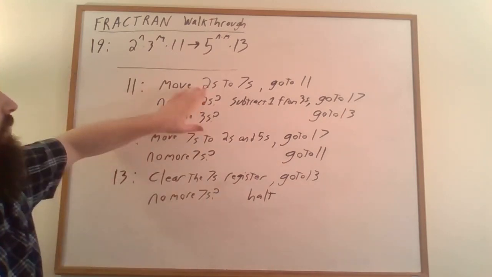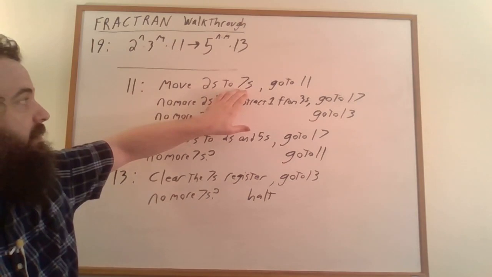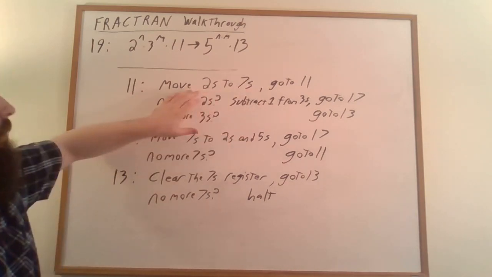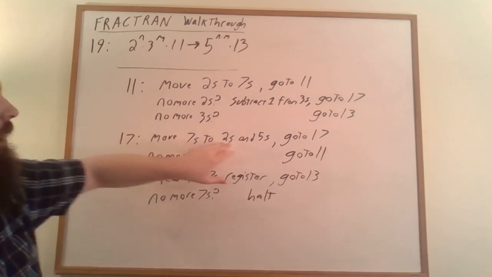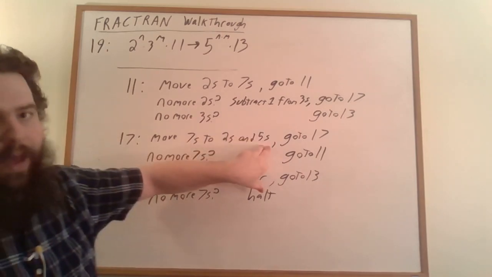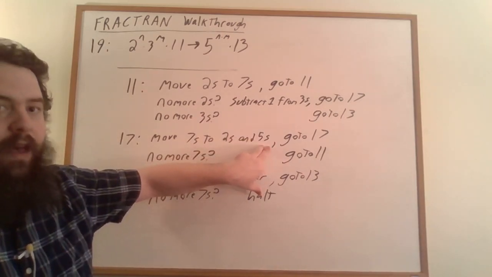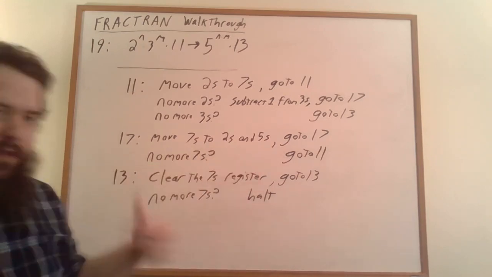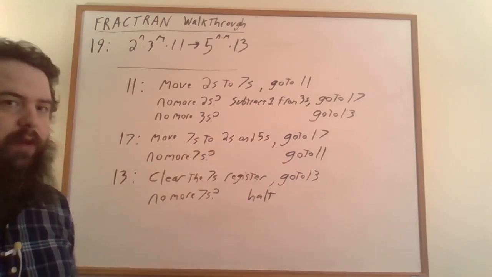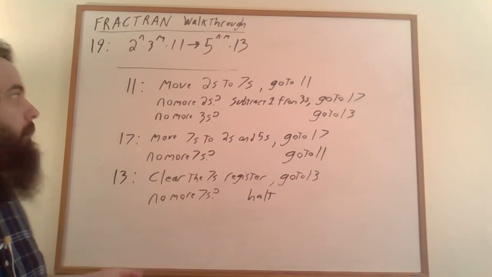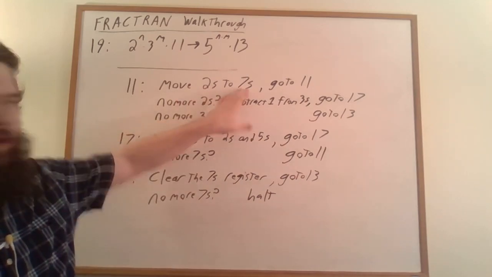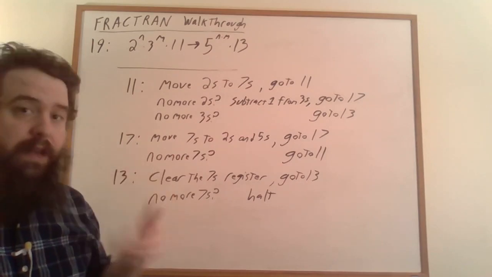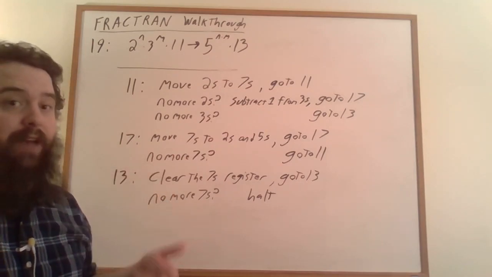At this stage, we could move the 2's into 7's and 5's, or we could move the 2's into 7's and then later on move the 7's back to the 2's and also add that value to the 5's at the same time. It doesn't matter when we do this duplication process, but we need to do it at some point. So we're going to move the value from the 2's register to the 7's register, and this is going to require repeatedly multiplying by 7/2.